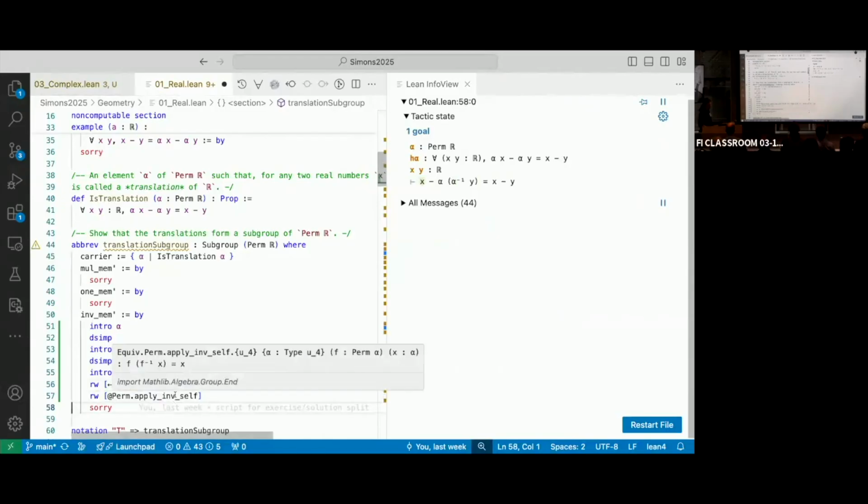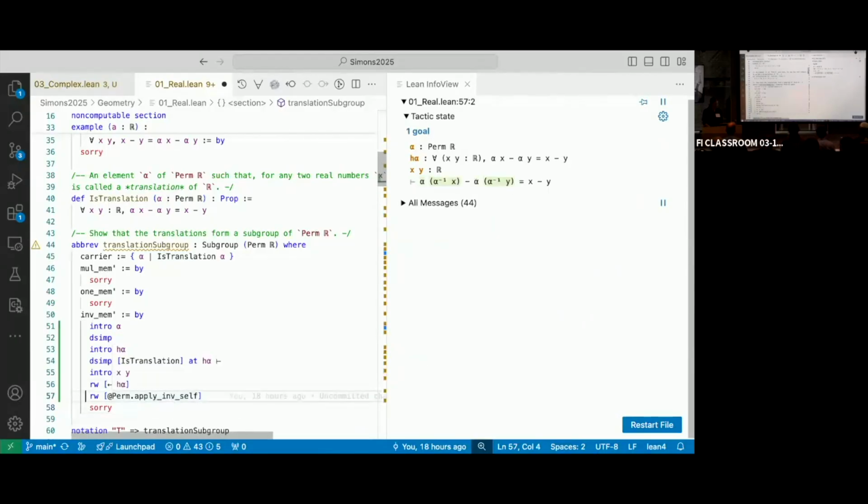You can also hover over the statement of the lemma and see it precisely says, if F is a permutation of some type and X is in that type, then applying the inverse and then applying the original one gets me back to X. So this is exactly the lemma you want here. And I found it by searching the library using this rewrite question mark tactic that I was suggesting.